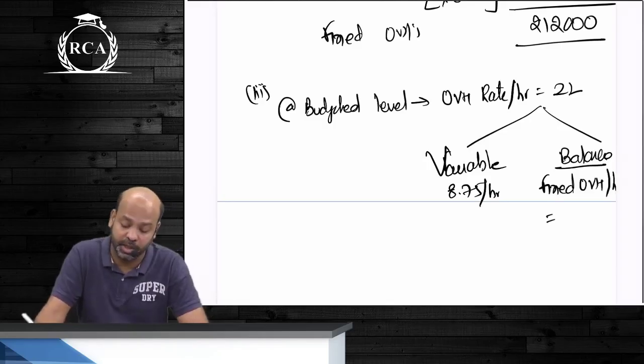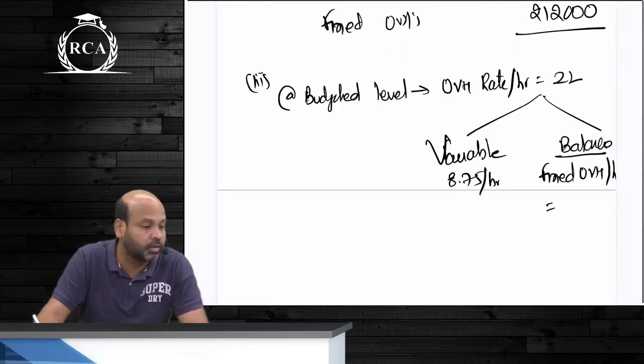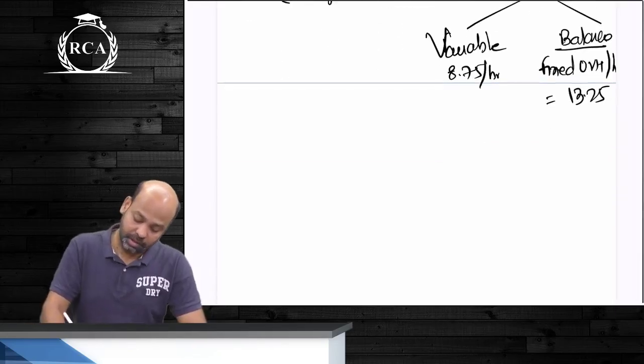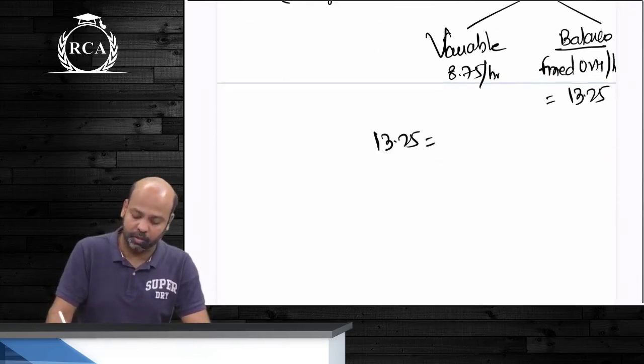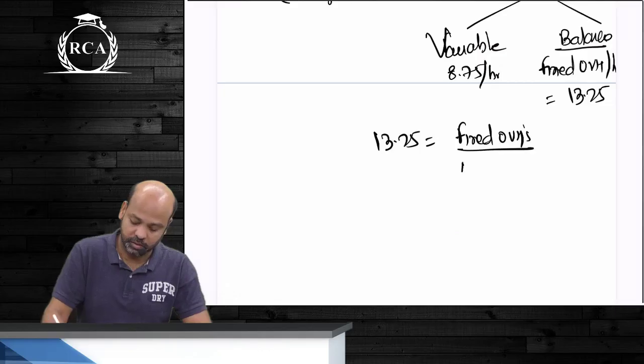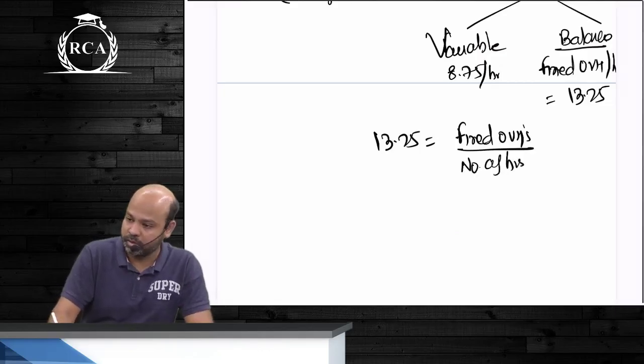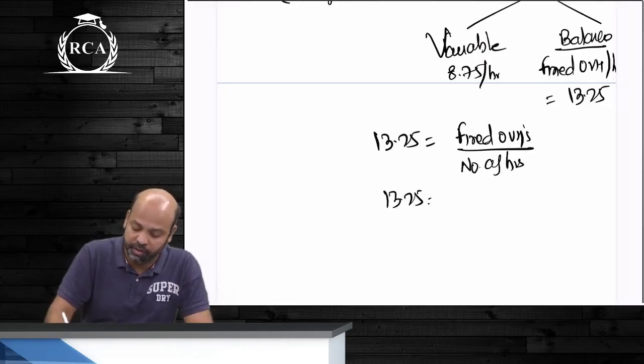How much is the fixed overhead per hour, beta? 22 minus 8.75, 13.25 will be equal to fixed overheads divided by number of hours. So 13.25 guys is equal to 2,12,000 divided by number of hours.